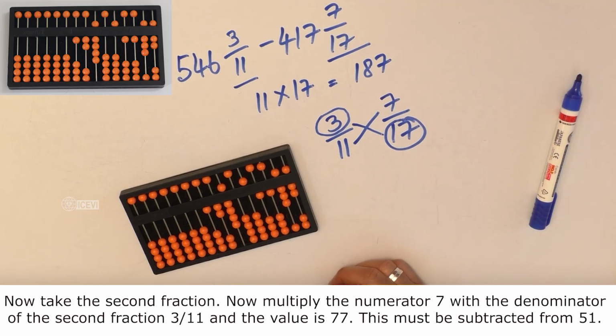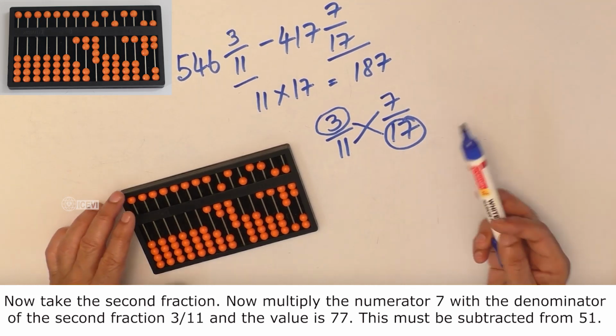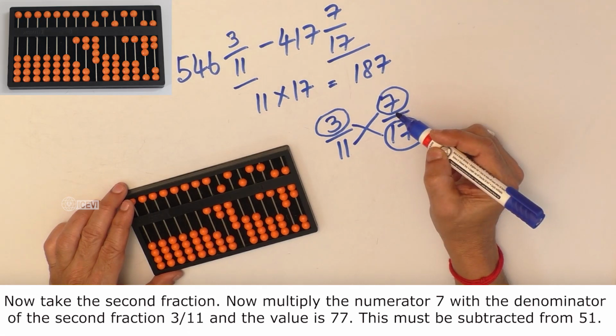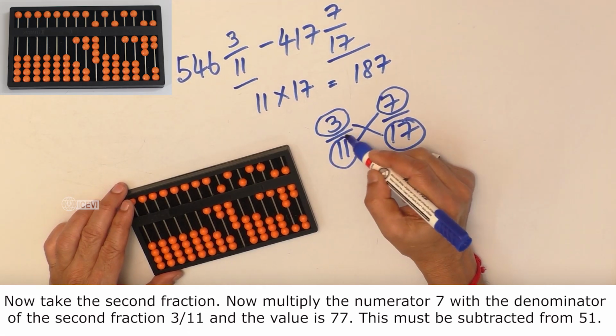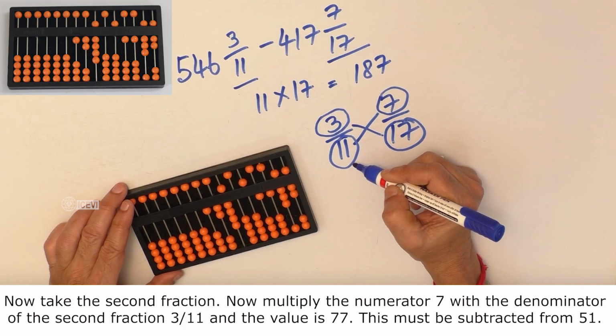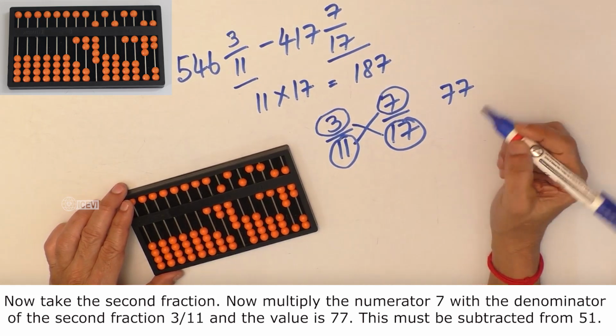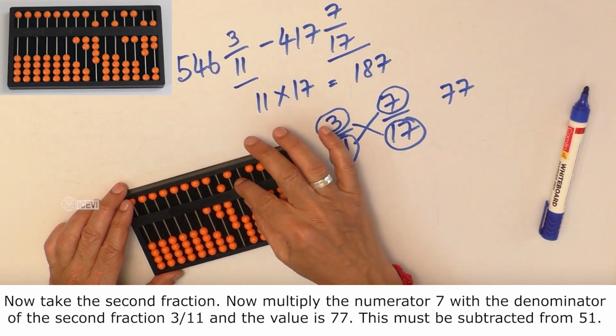Now take the second fraction. Now multiply 7 with the denominator of the first fraction, which is 11, and the value is 77. This must be subtracted from 51.